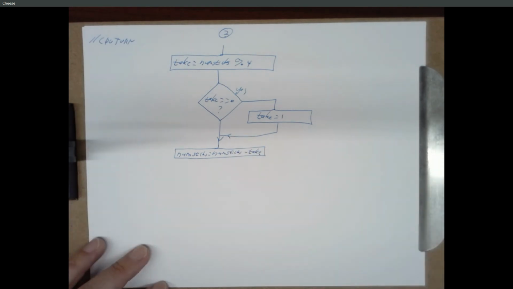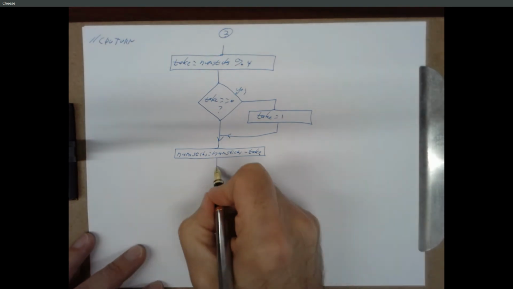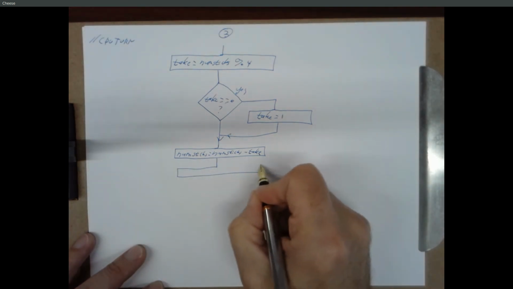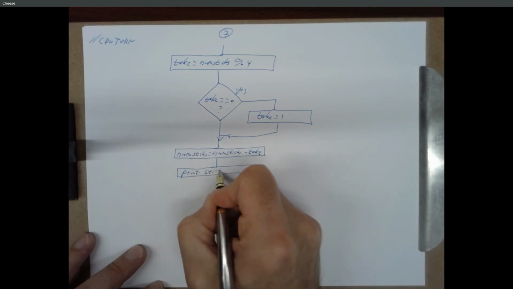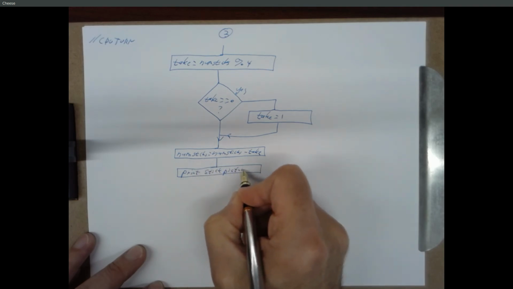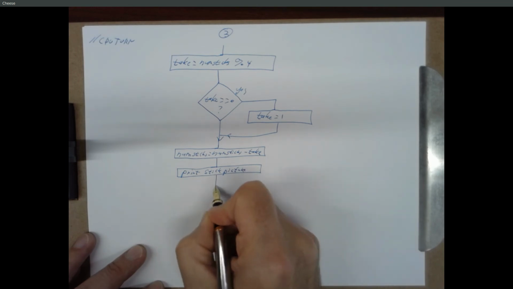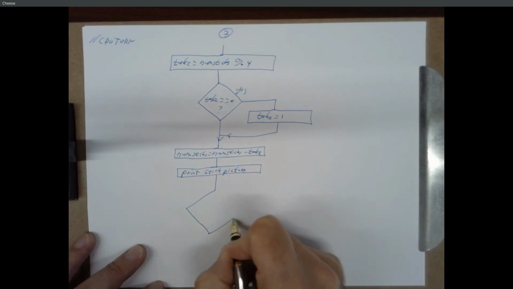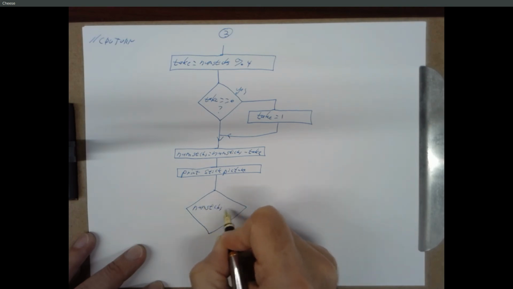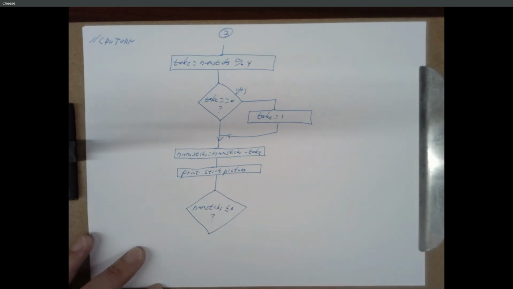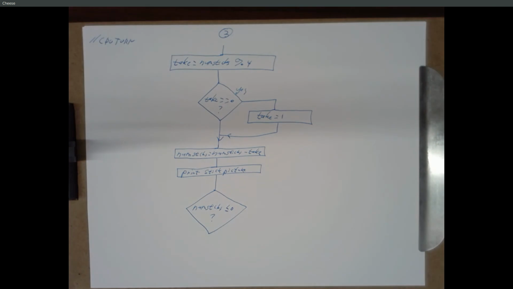So subtract that from the pile num sticks. Print the stick pile. Print the stick picture. And see if the game is over. It'll never be negative in this case, but that's okay.